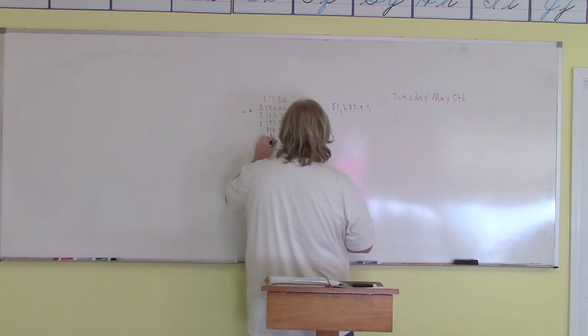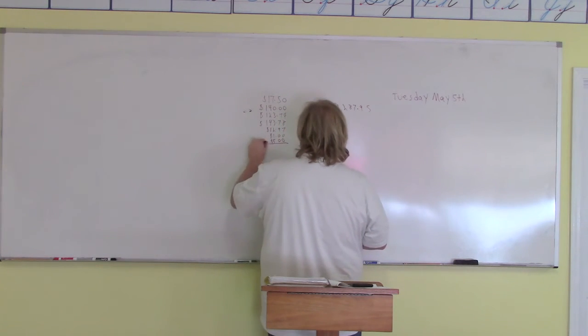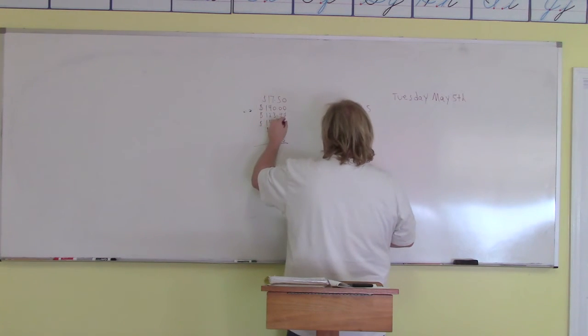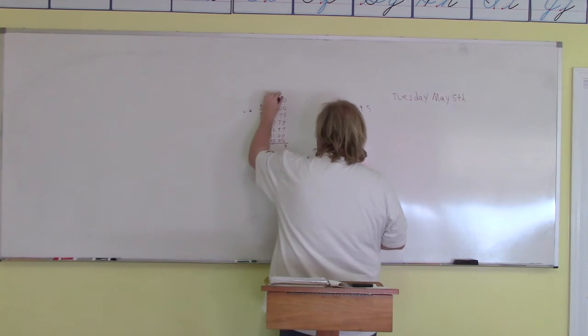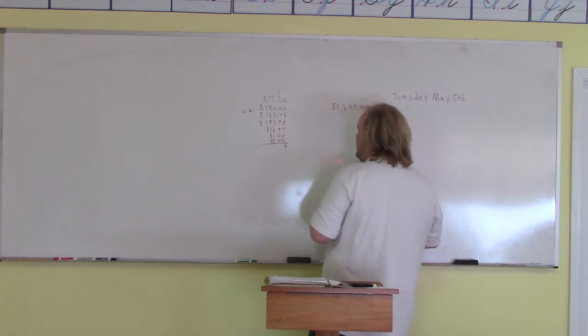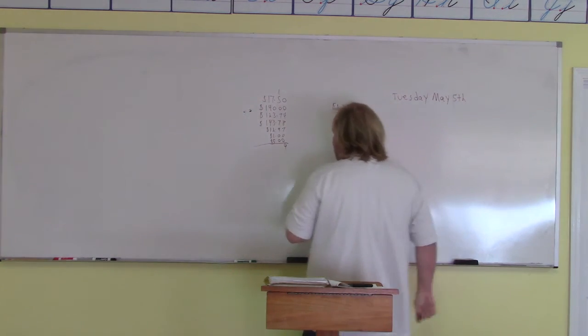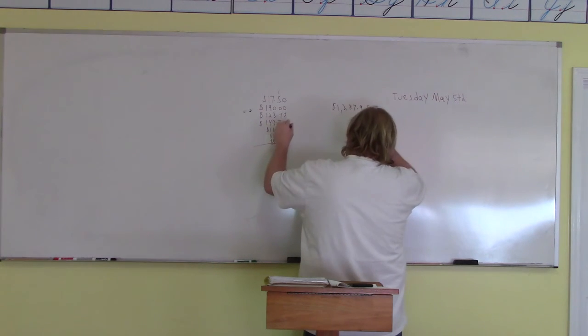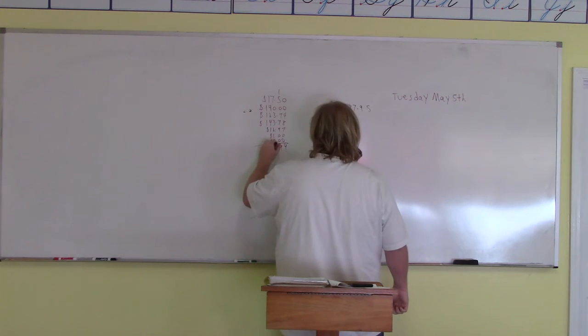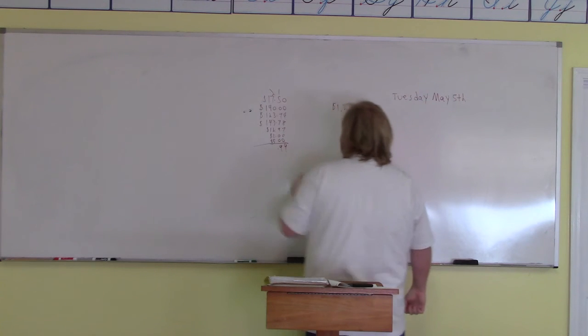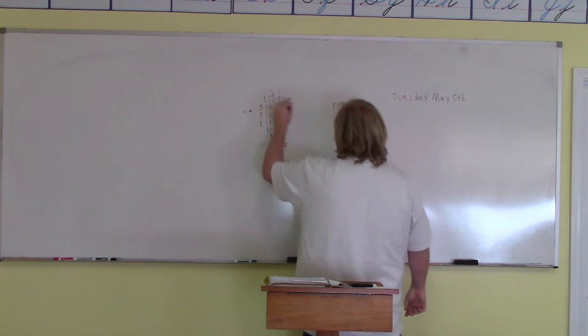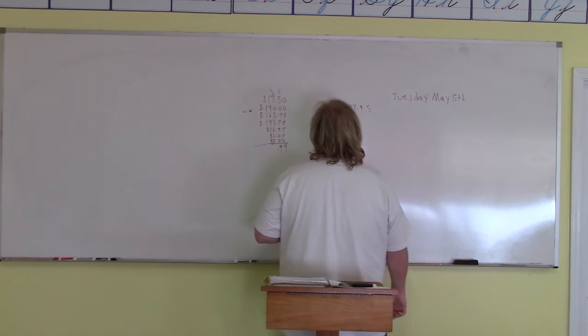All right, so let's add up all of our fees together. 4 plus 8 is 12, plus 7 is 19, so we carry a 10 cent up here. 1 plus 5 is 6, 6 plus 7 is 13, 13 plus 7 is 20, 20 plus 9 is 29. So we got that. Carry a 2. 2 plus 7 is 9. 9 plus 3 is 12. 12 plus 3 is 15.